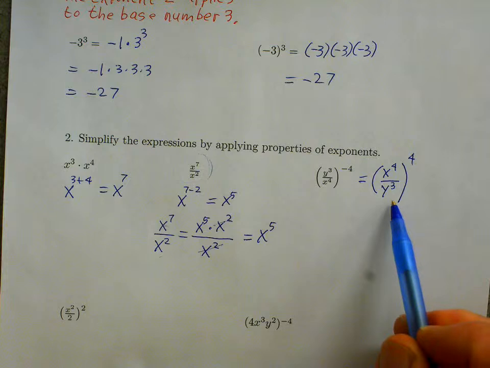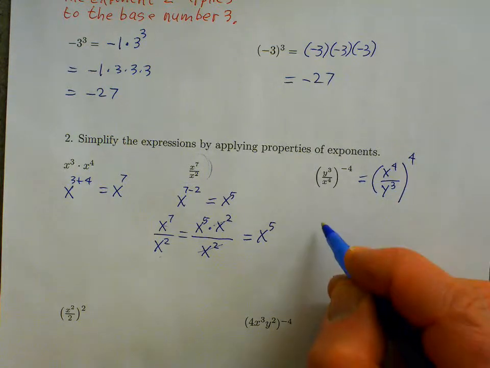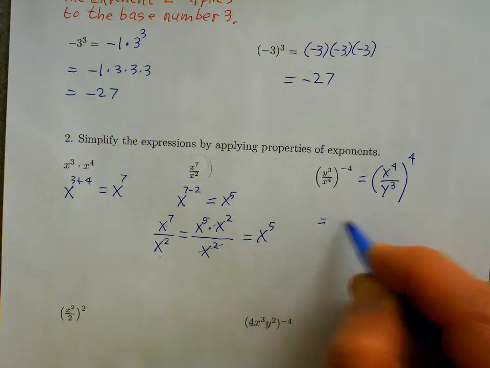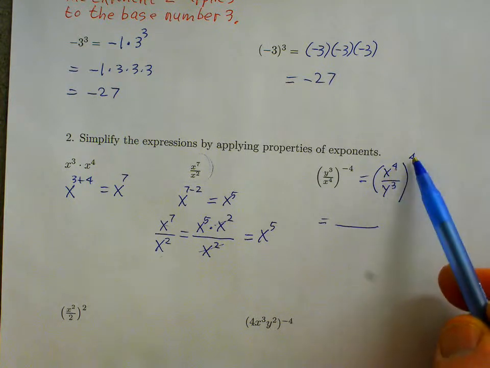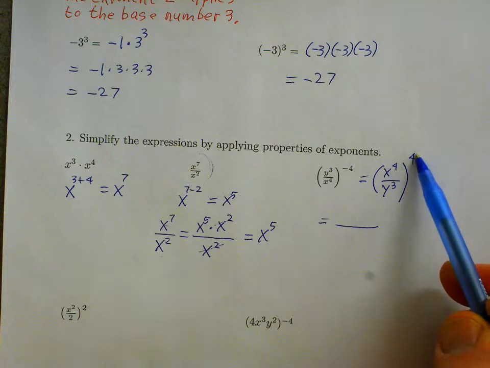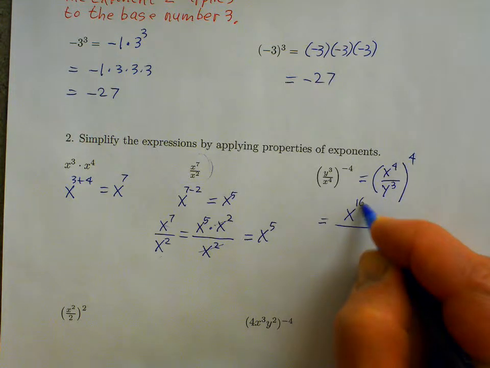Okay, so we can simplify further, and we can do so directly. So in the numerator, we have x to the 4th to the 4th. So if we multiply the exponents, 4 times 4, we get x to the 16th.